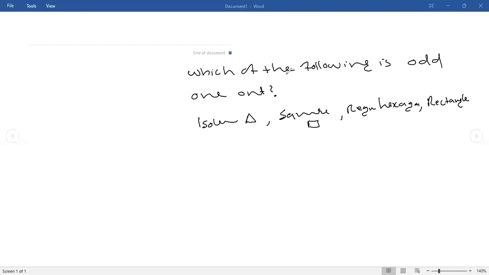What is the reason for that? I wrongly calculated. Anyone else? Sir, rectangle. What is the reason for that? Sir, other than that, everyone is a regular polygon.